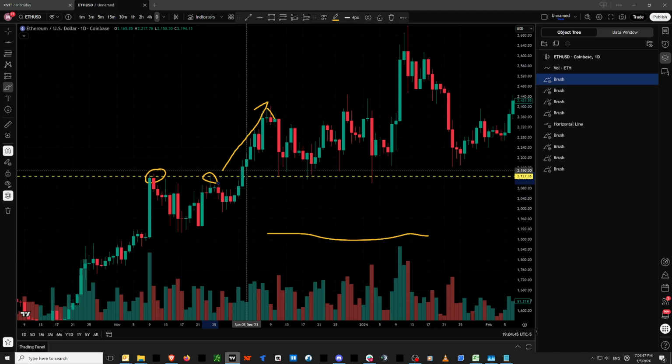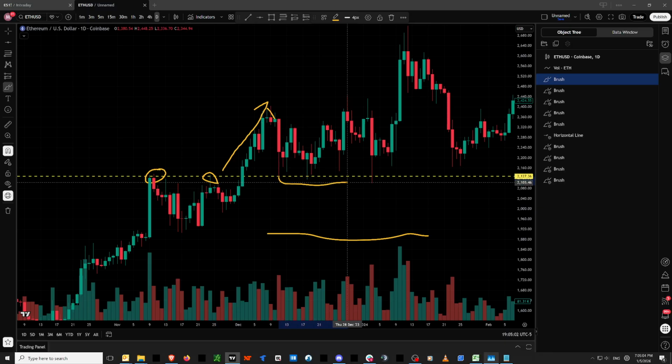So they're long here, so their stops are just below this resistance line. Now that this has become support, their stops are down in here because they're long, right?